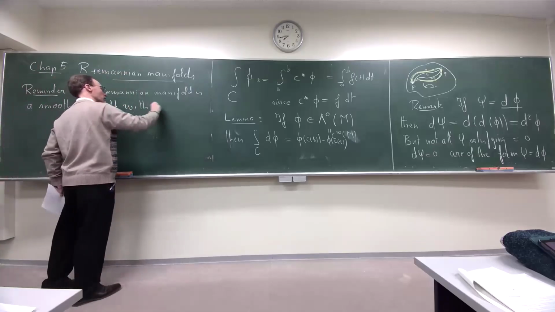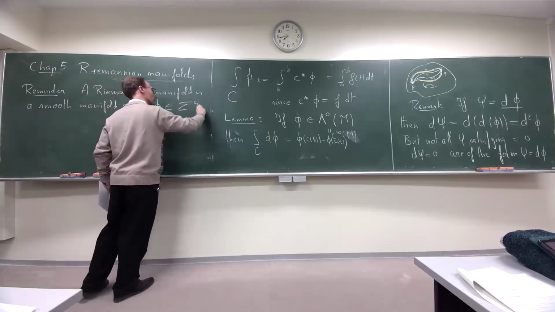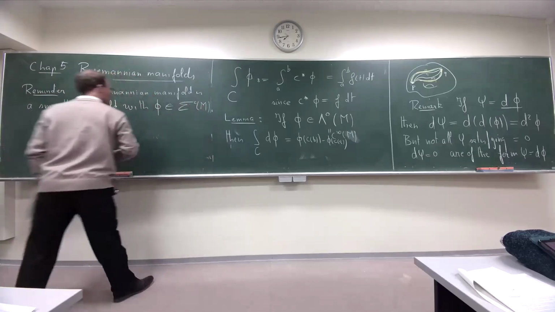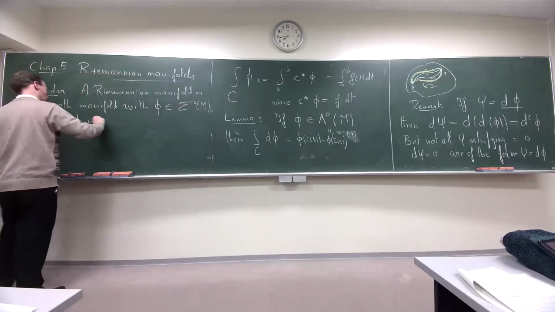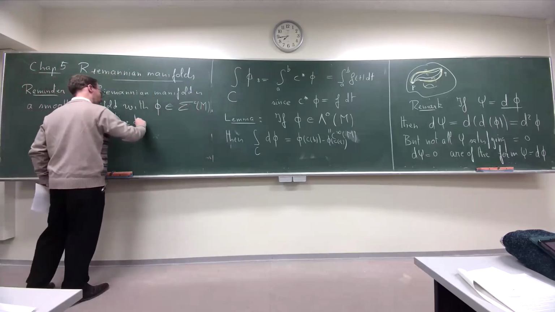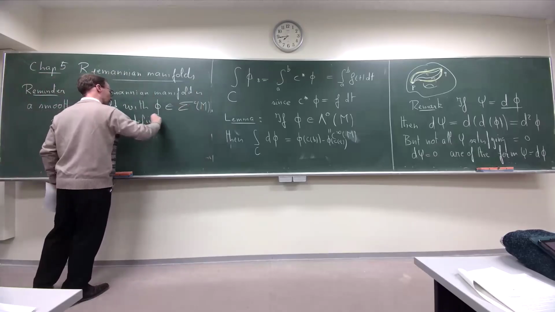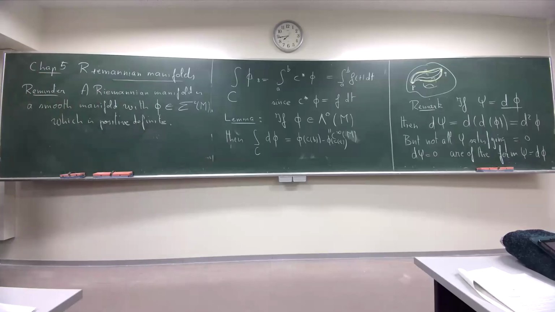With a certain field. If I make it very short, it's this, which is positive definite. But of course, you have to remember what is the sigma 2 of M. Who remembers what is sigma 2 of M?